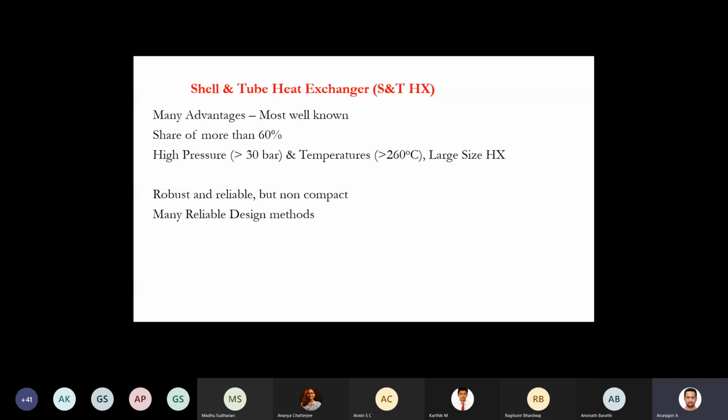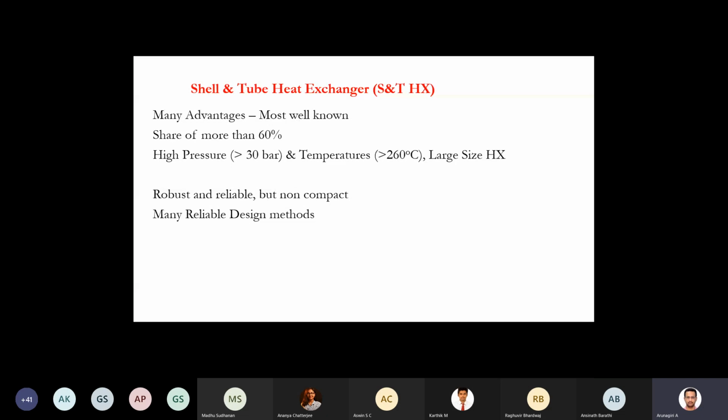for large heat duty or larger mass flow rates. So the applications are very wide. These shell and tube heat exchangers are normally named based on their function, like reboilers, condensers, or preheaters.